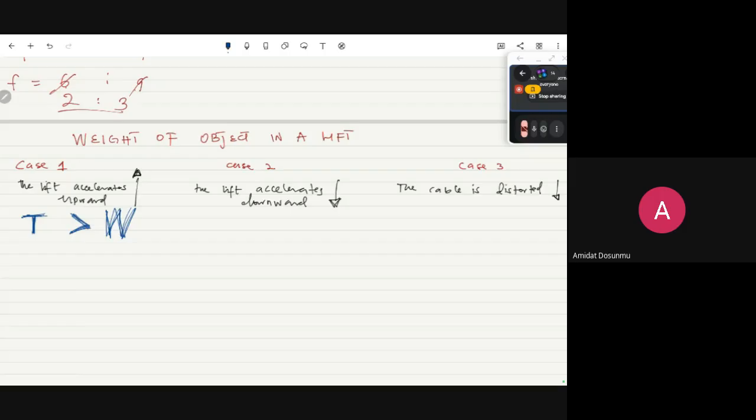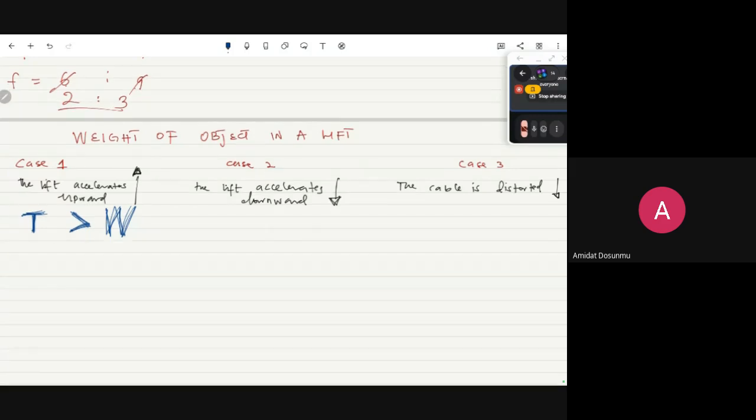When the object is accelerating upward, the tension is going to be greater than the weight of the object. Do you understand? So there's an indication to this, and that indication is that the object appears heavier. The object is going to appear as if it is very, very heavy.